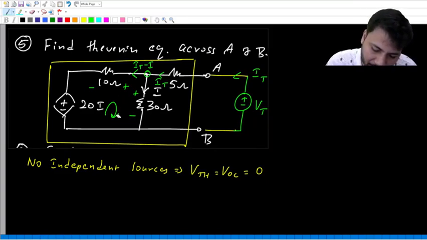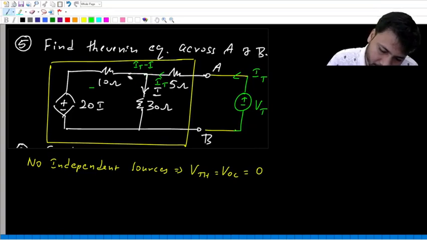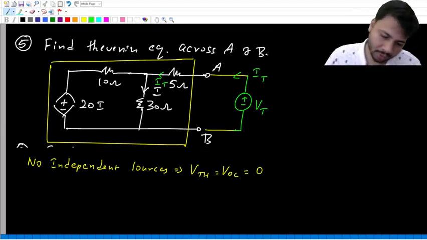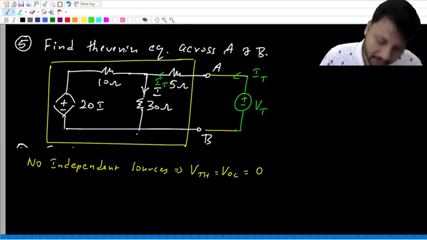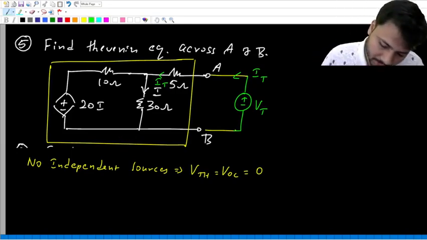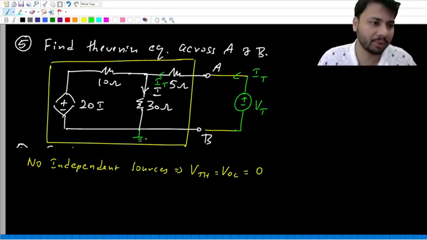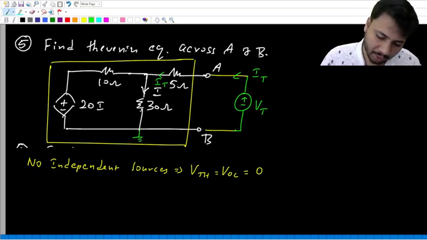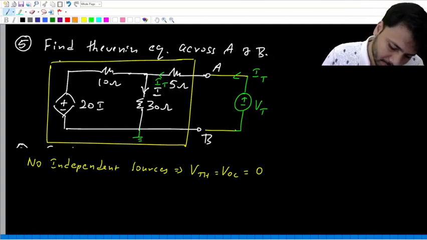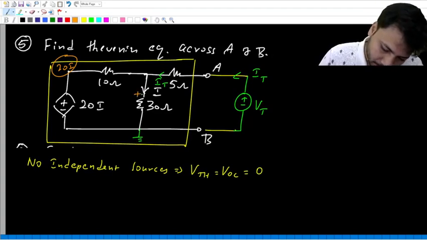By assuming ground. Okay. See, in this circuit there is no ground, so let's assume this node to be ground. So once you assume this node to be ground, what is the voltage at this point? It is 20 I. What is this drop?